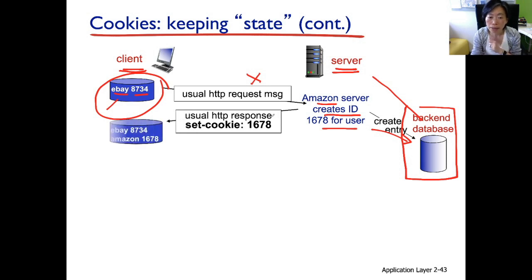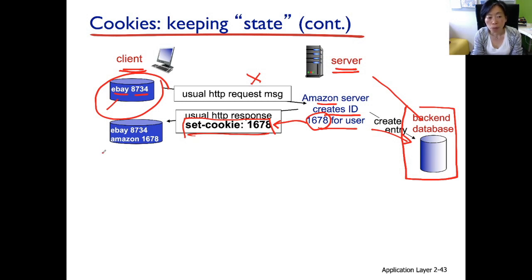In the response, it carries the web object that you're looking for, but it also carries the special header line, the set cookie line. See, the ID created is carried over through the HTTP response message back to the user.